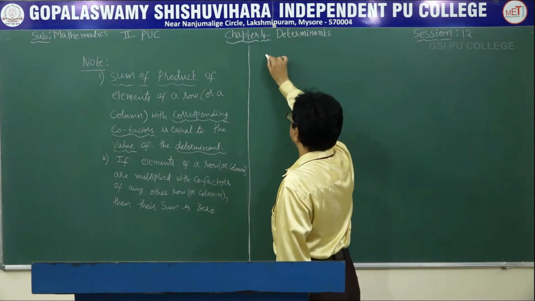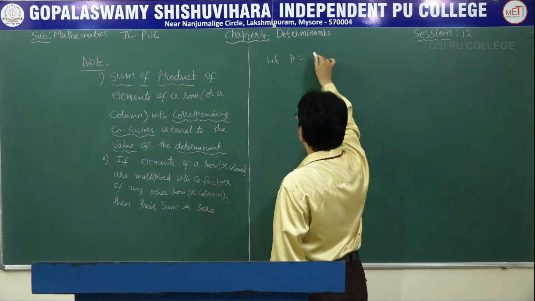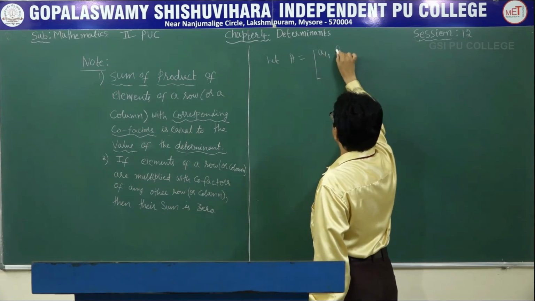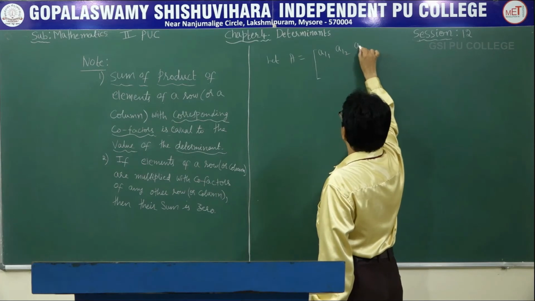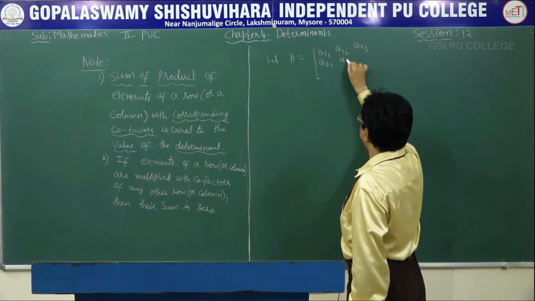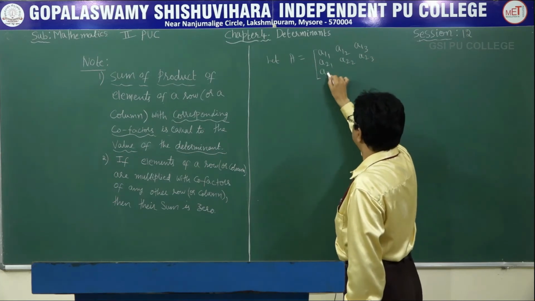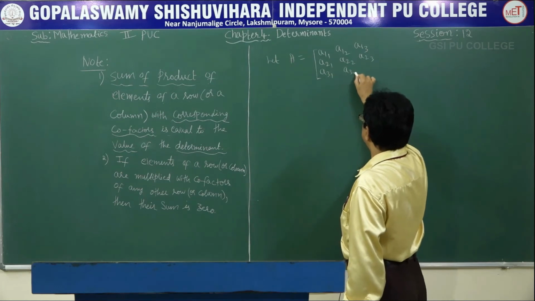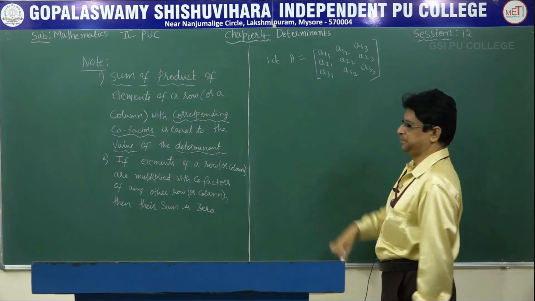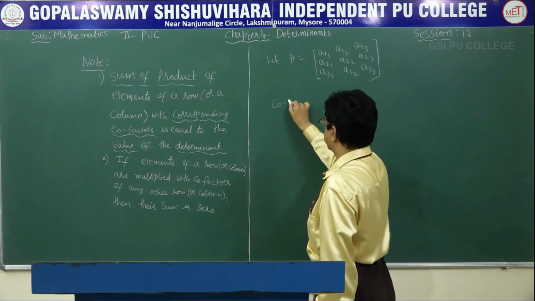That is, let A be a matrix whose elements are A11, A12, A13, A21, A22, A23, A31, A32, A33, and let us consider a cofactor matrix.